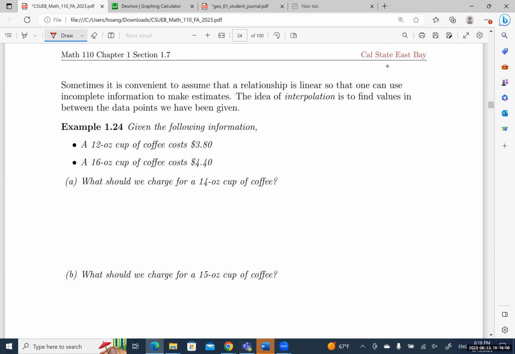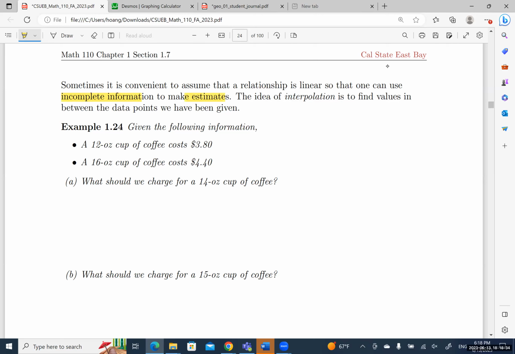Okay, so sometimes you should understand that it's convenient to assume that the relation is linear, so that one can use incomplete information to make estimates.